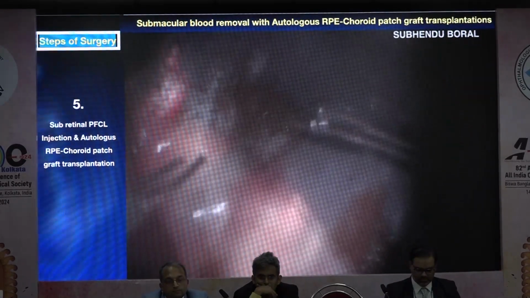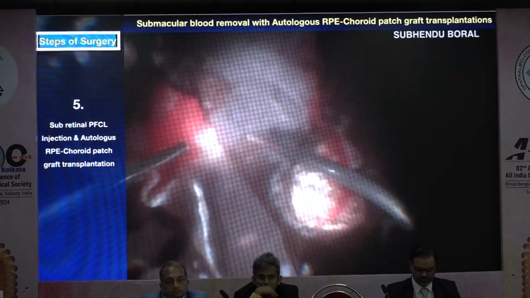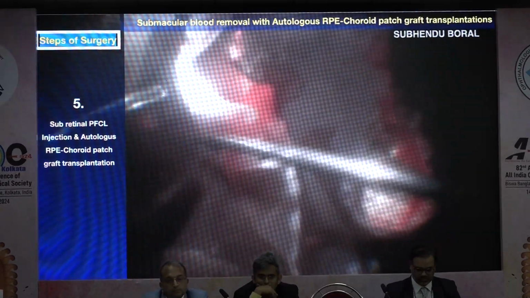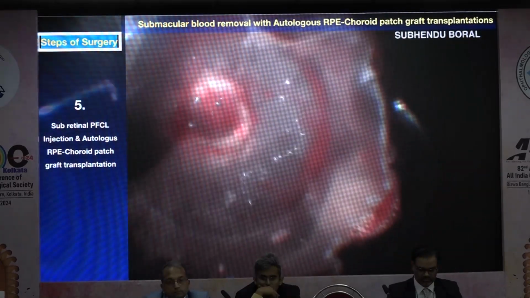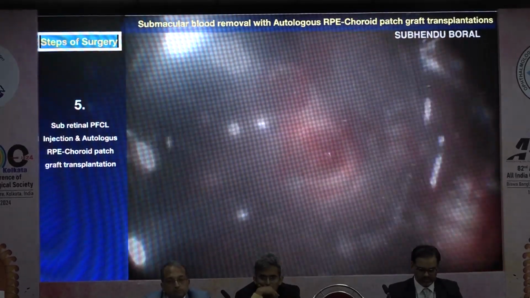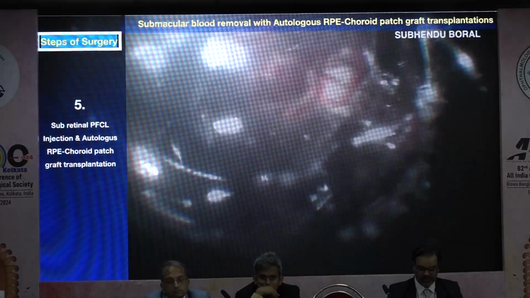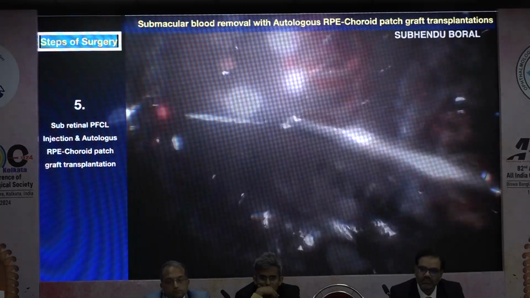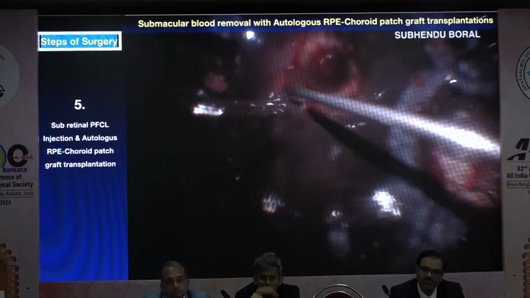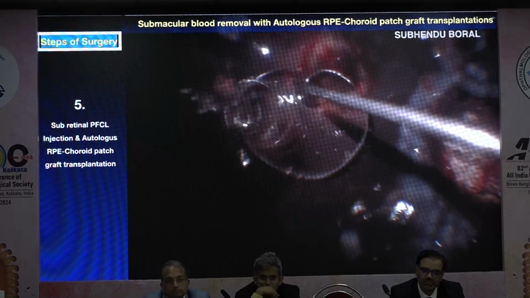Then graft alignment is done. Then remove PFCL slowly, so as not to dislodge the graft, and inject PFCL again to keep the retina in position. Then do fluid exchange or inject more PFCL to avoid retinal fold formation, and treat the case just like a GRT, with direct silicone oil PFCL exchange.